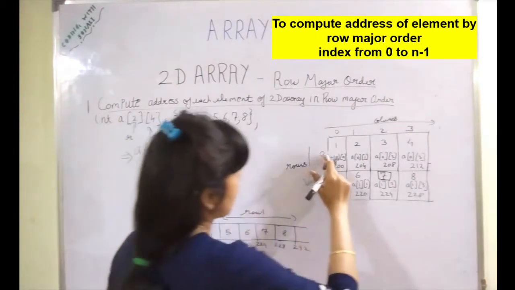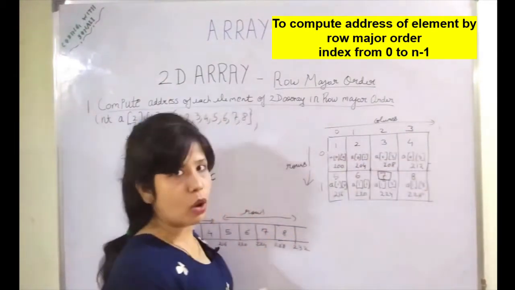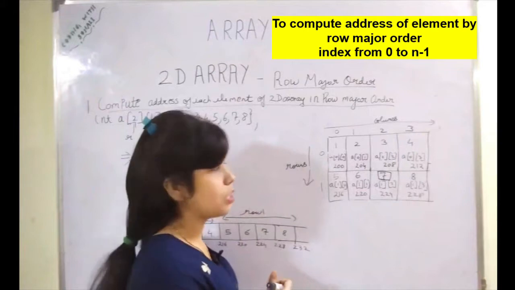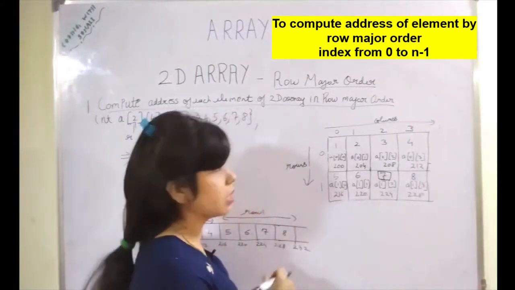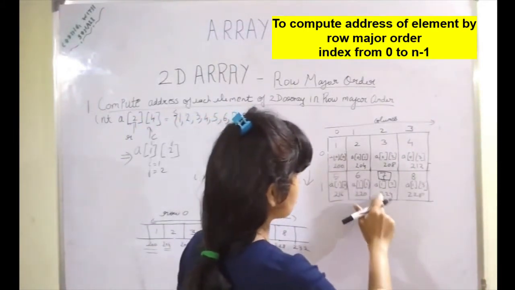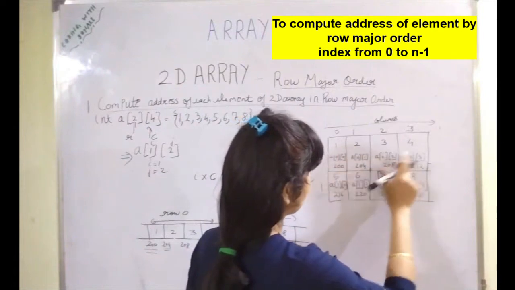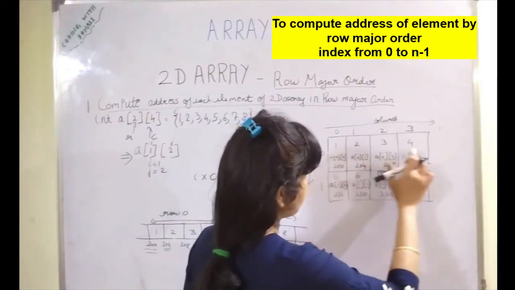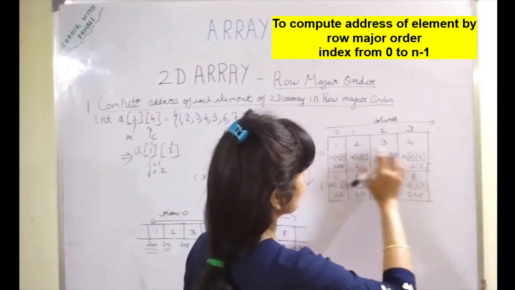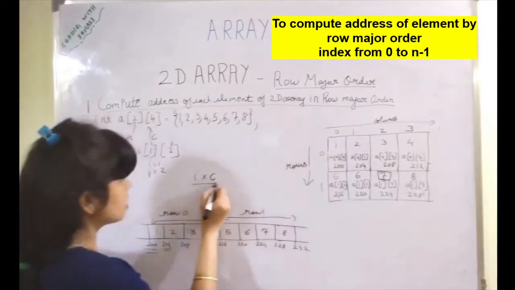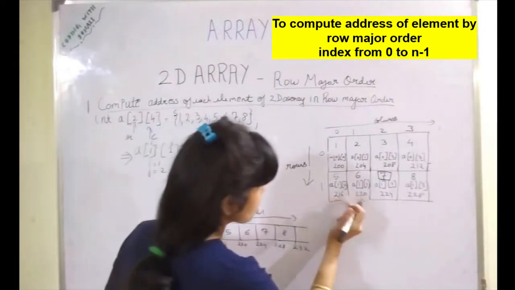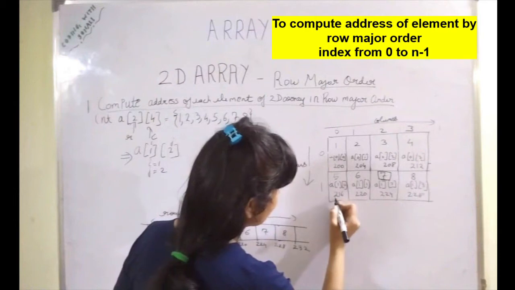So in total we have crossed 4 elements till now. How many more elements do I need to cross to reach 7? You can see, to reach the 7 we have to cross 1, 2, 3, 4, 5 and 6. So we have crossed this whole 4 elements by this value. Now we have to cross 2 more elements, 1 and 2.